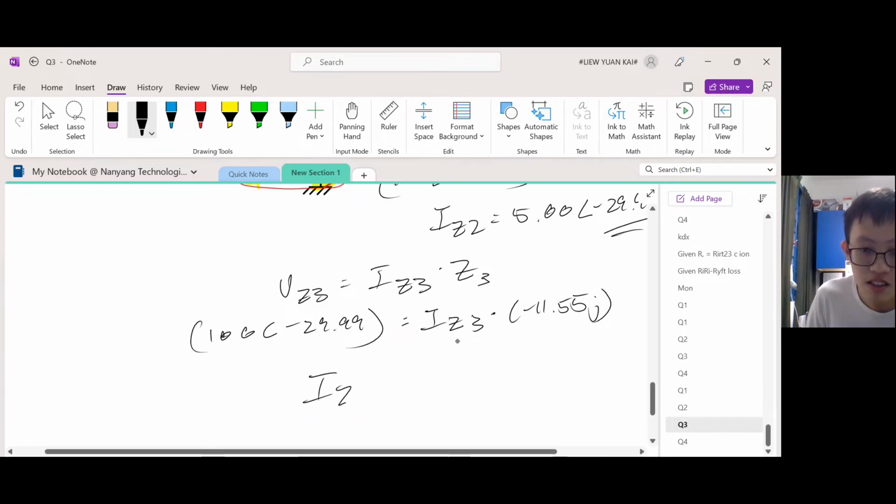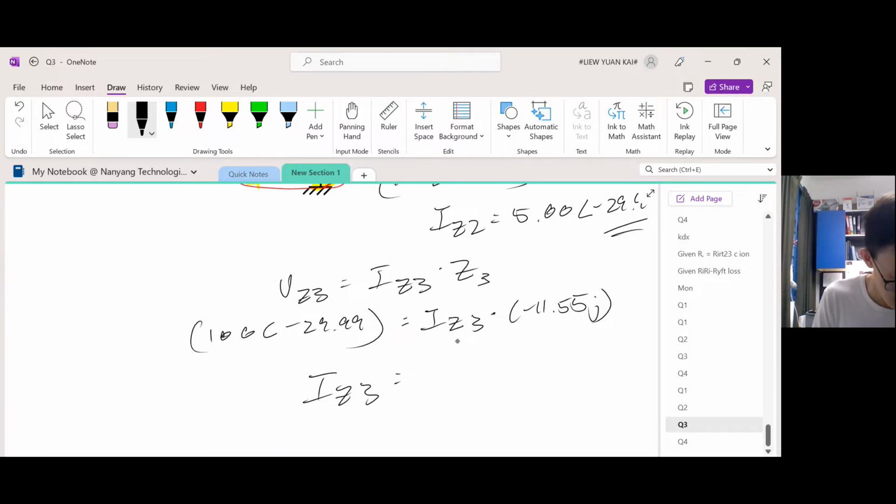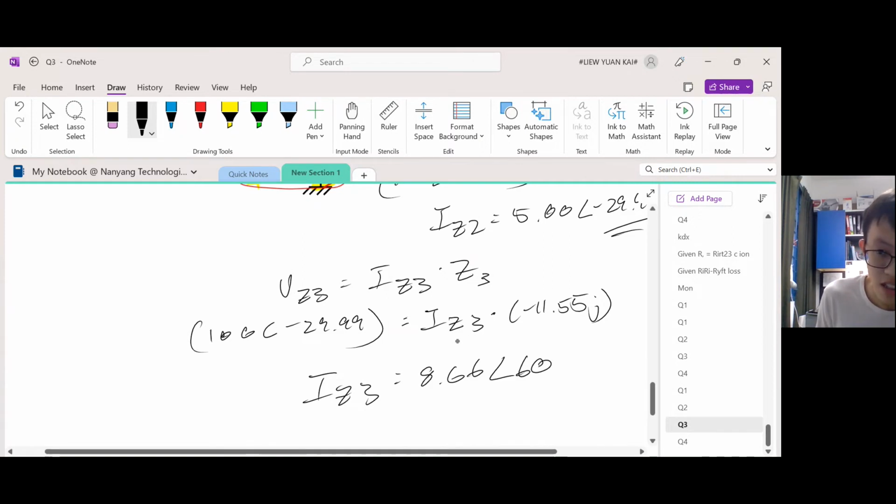So you solve for IZ3, you should get 8.66 at an angle of 60 degrees, something like that.